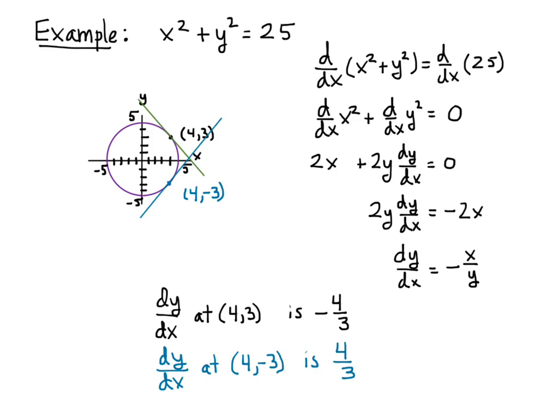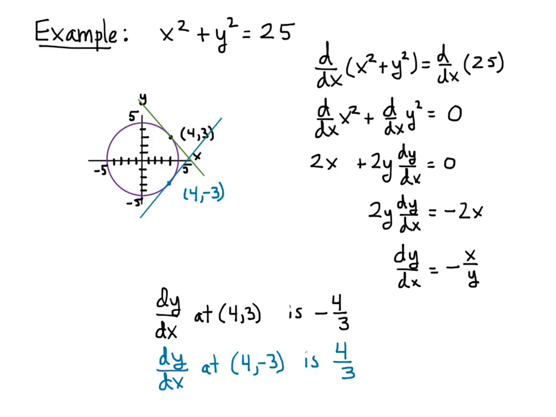Okay? So the thing about implicit differentiation is that we're going to find the derivative of the whole equation, but then we're going to solve for the derivative of y. So just like in here, when I took the derivative of both sides, I didn't stop here. I'm solving for dy dx, and so I have to rearrange everything, and I get some expression in x and y.